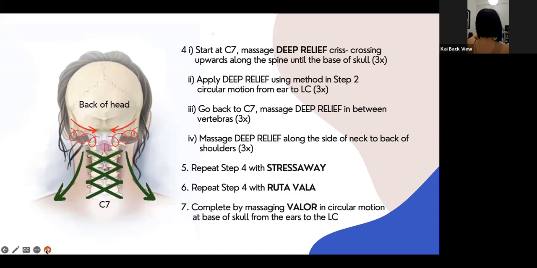I'm going to put a few drops of Stress Away, repeating exactly the same thing across the back and down the sides of my neck. Stress Away is so nice. It's a sweet smelling oil. So go down to C7 and do your crisscross.